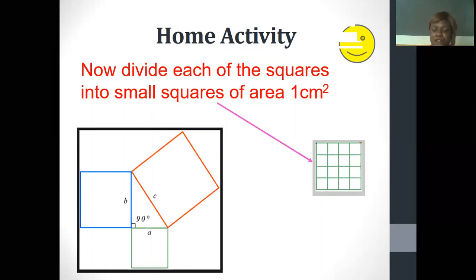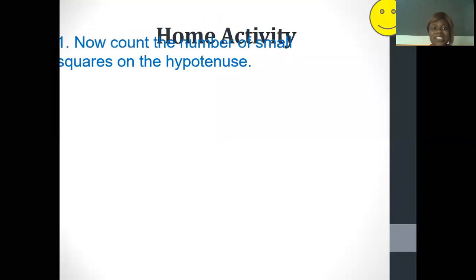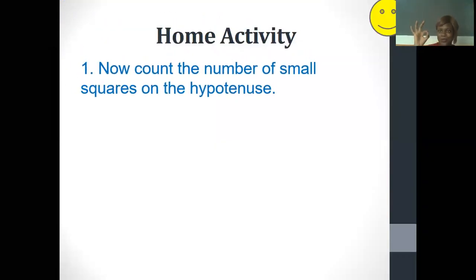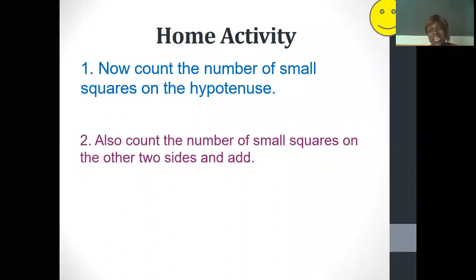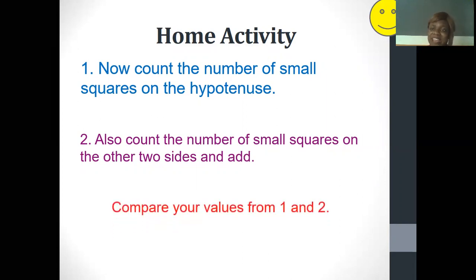Once you've done this, count the number of small squares on the hypotenuse. That's the first one. Number 2, count the number of small squares on the other 2 adjacent sides. Now compare the value you got for number 1 and the value you got for number 2.